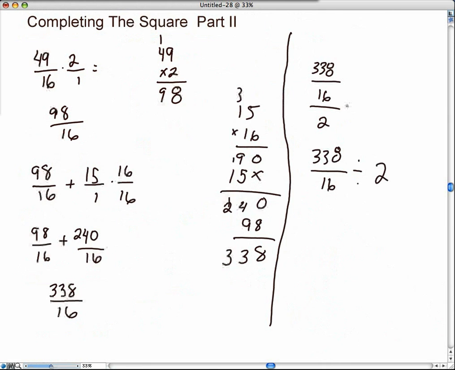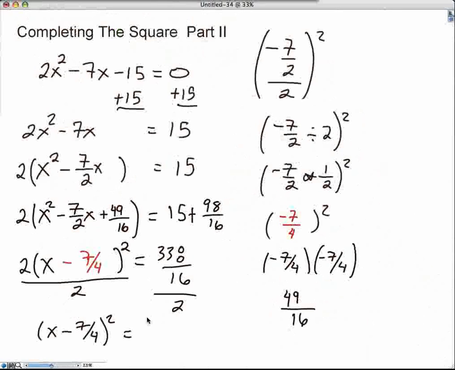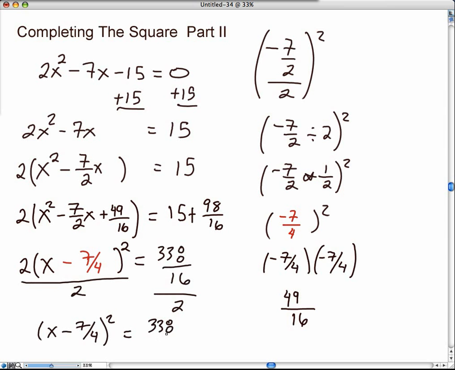This division is really that 2 is here. That's 338 divided by 16 times half, because we take the reciprocal. So that's 338 divided by 32. 338 times 1 is 338, and 16 times 2 is 32. So this is really 338 divided by 32.